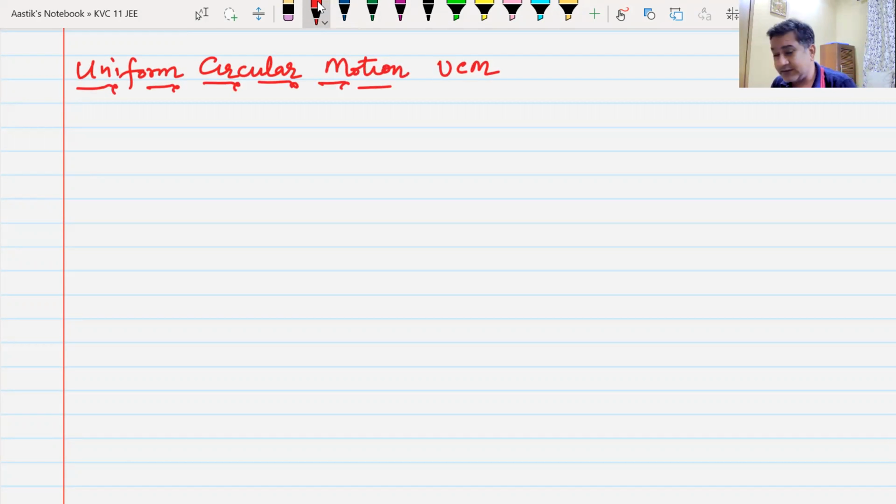In most of the cases, not in this chapter, but in the chapters that are going to come in your 11th standard and 12th standard, you will encounter this UCM, uniform circular motion, very often. Now, what is this UCM? When will you call circular motion as uniform?